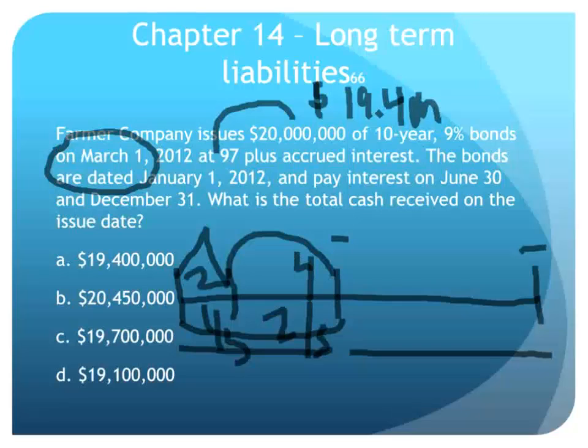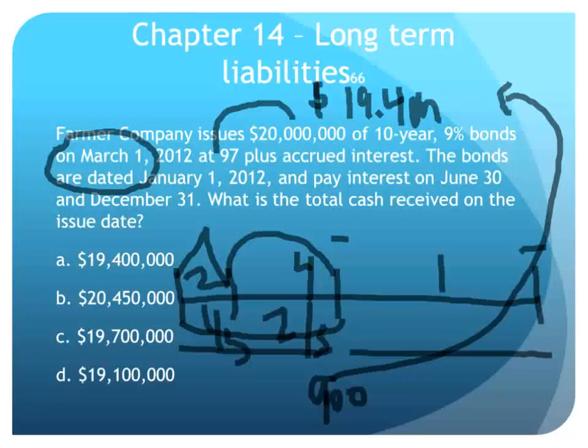So the whole interest amount that we're talking about here is 20 million times 9% divided by 2, so it's 900,000. 1/3 of 900,000 is 300,000.